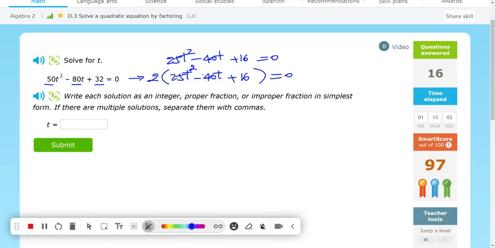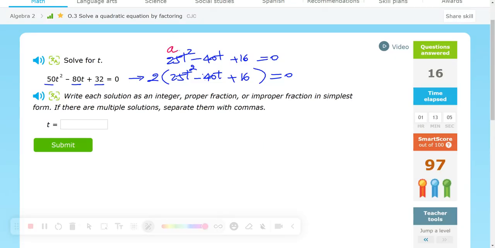Now we can get A, B, C. A is 25, B is negative 40, C is 16. Not a big deal. Do not be afraid of these big numbers. Now I put AC on top. A times C, 25 times 16. Ooh, is that 400?